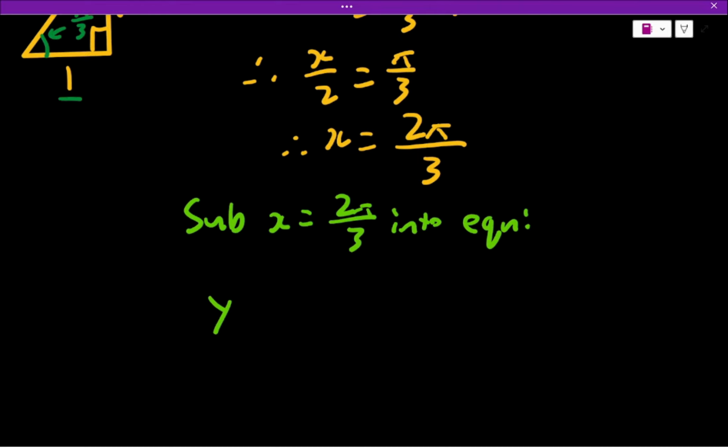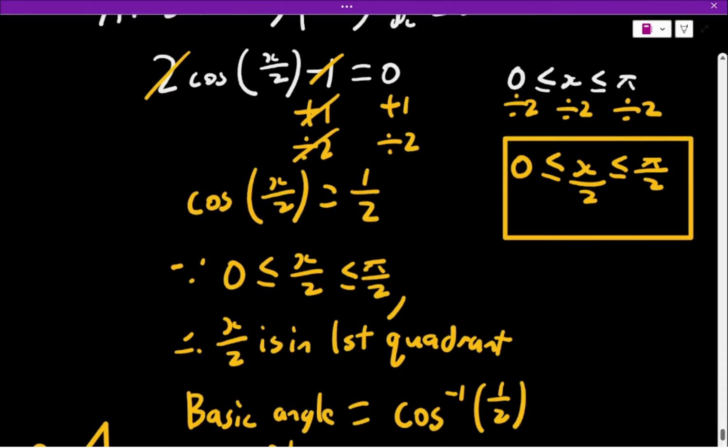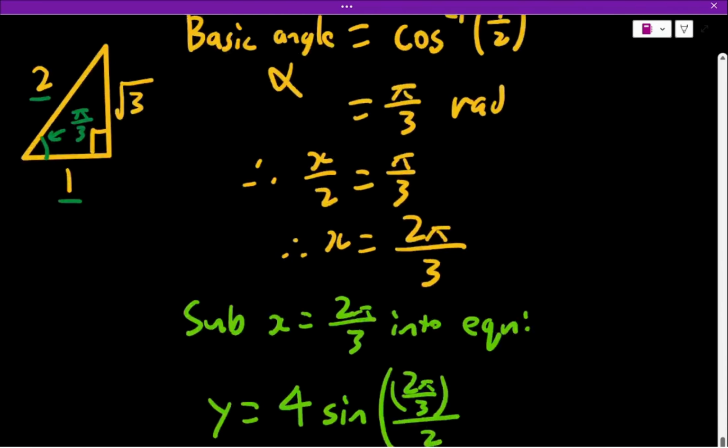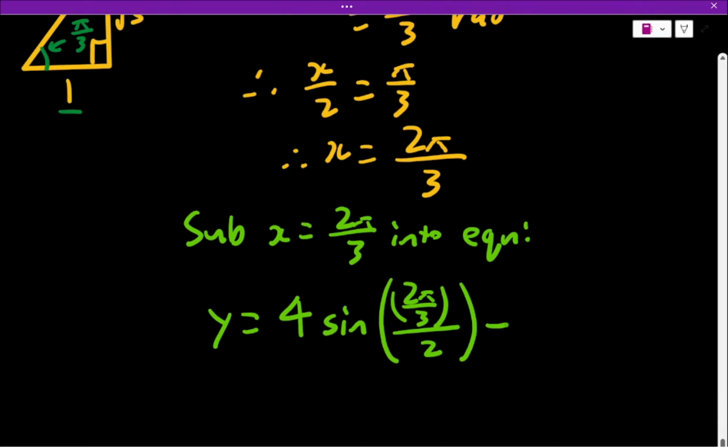You get y is equal to 4 sine of 2 pi over 3, the whole thing divided by 2, then minus x, which is going to be minus 2 pi over 3.